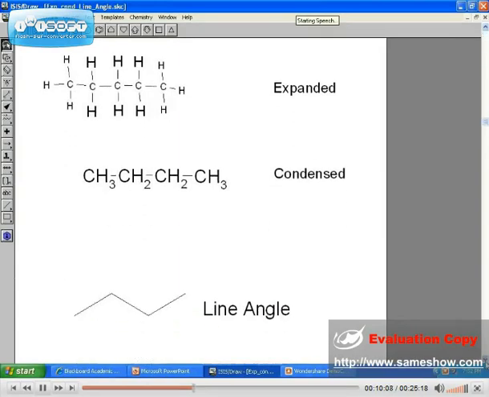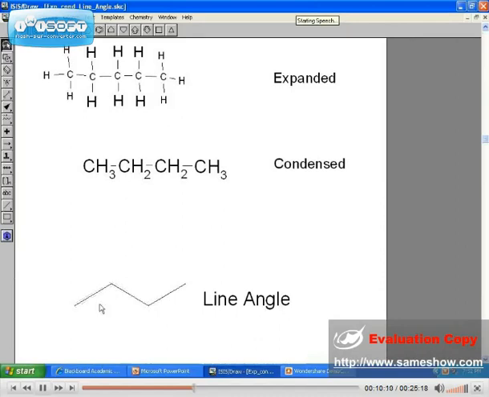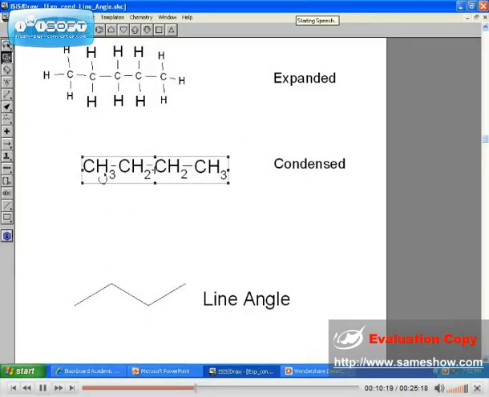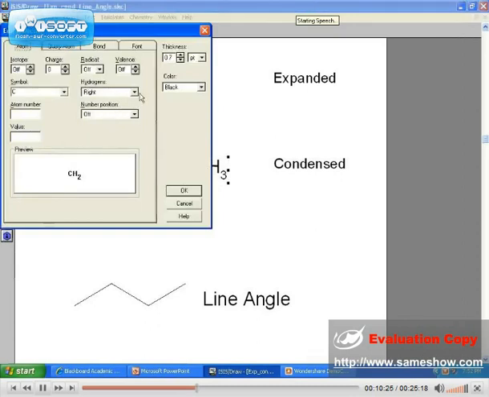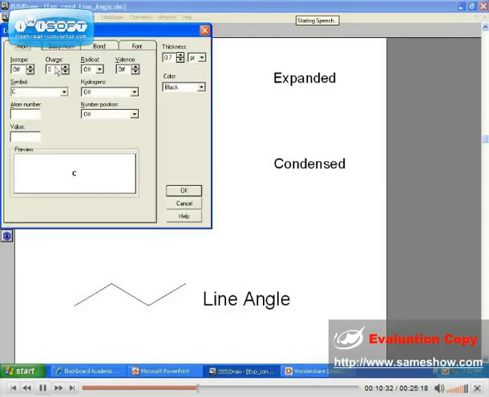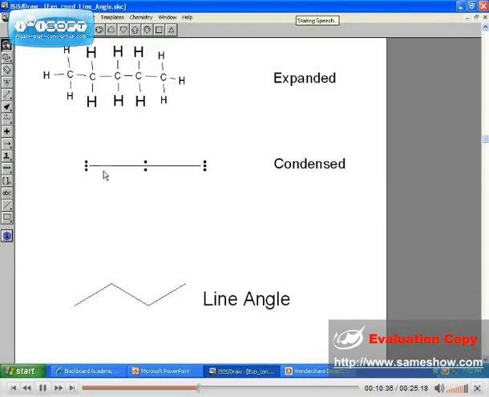And then down here we have line angle. So again, all of the carbon and hydrogen bonds are implied. And then if I wanted to, I can go ahead and hide them, so all you see is the individual bonds. I'll hide that, and then voila, all of them are implied.